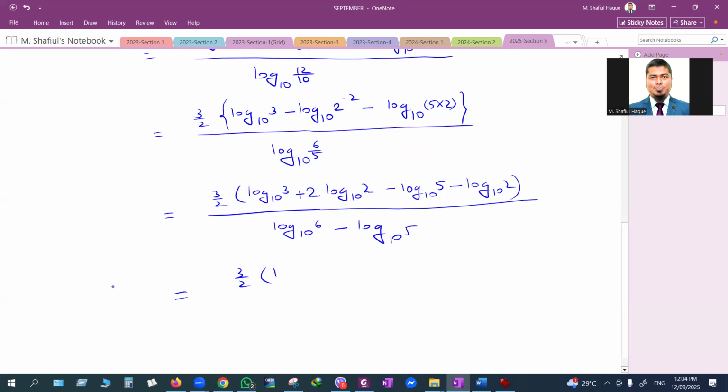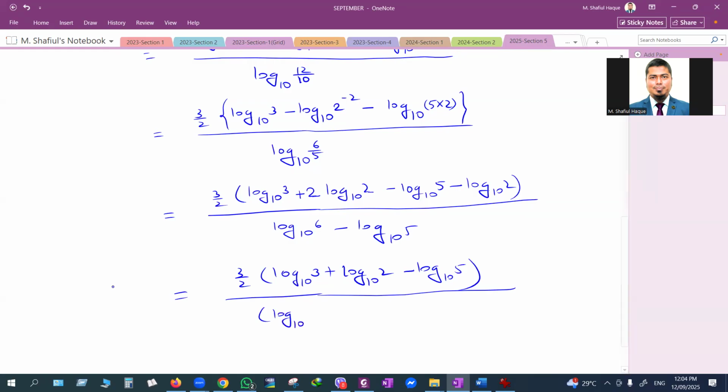So here you can see that is a log 10 base 3, 2 log 10 base 2 minus log 10 base 2. So 1 log 10 base 2 minus log 10 base 5. And in the denominator, we'll get also this because log base 10 of 6 can be written as log base 10 of 3 plus log base 10 of 2.